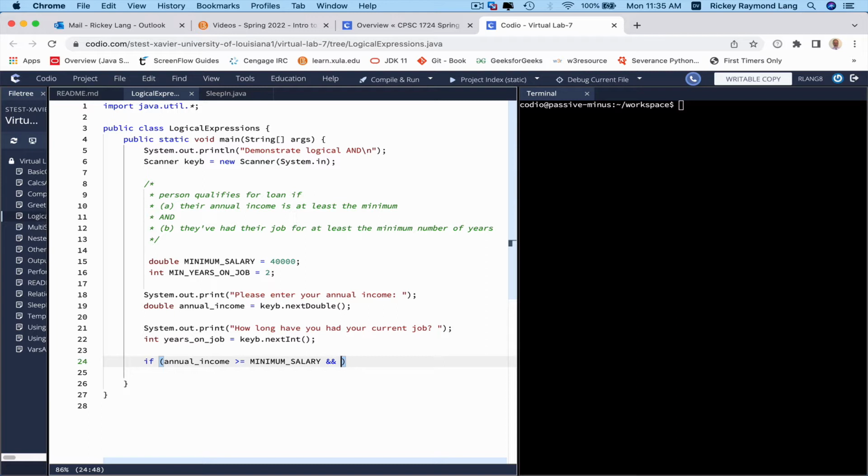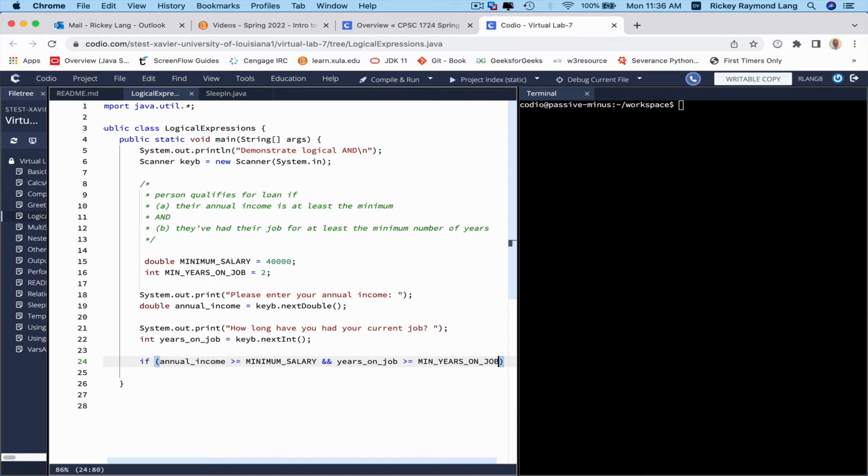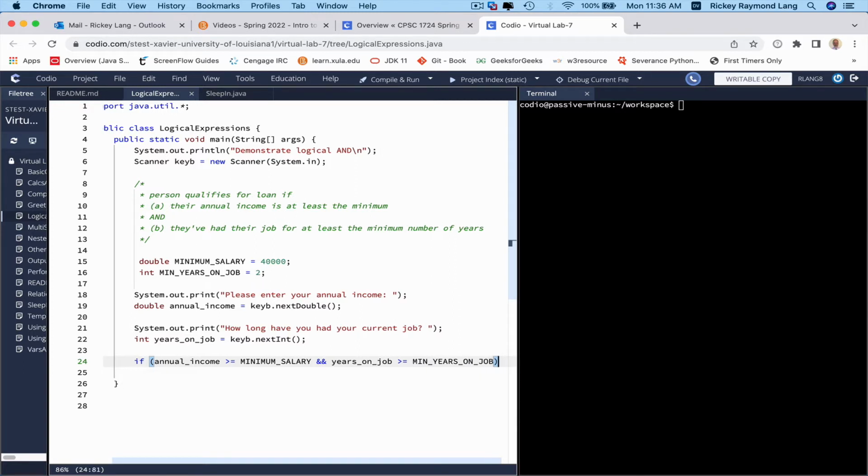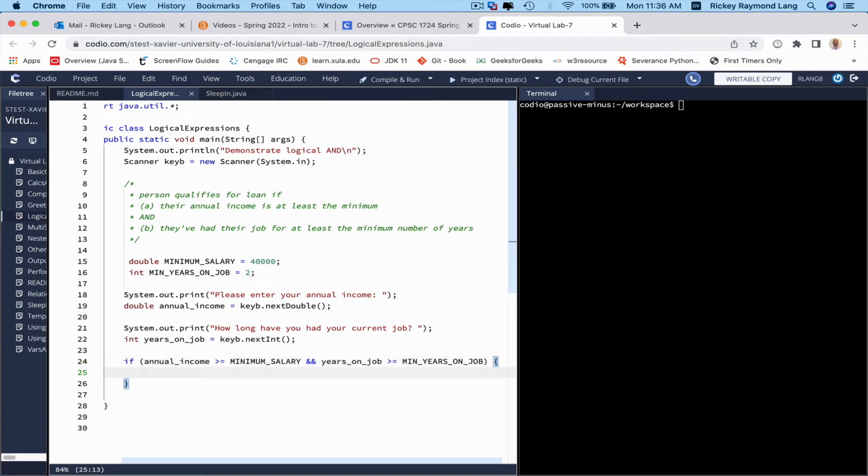And years on job is greater than or equal to minimum years on the job. So if both those things are true, we'll say you qualify for the loan.